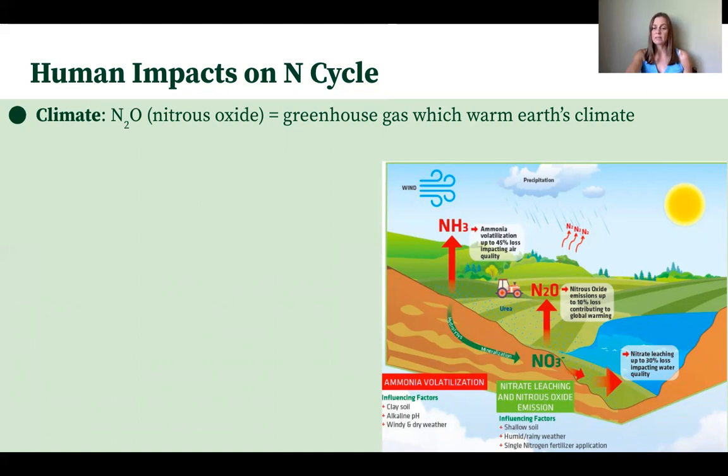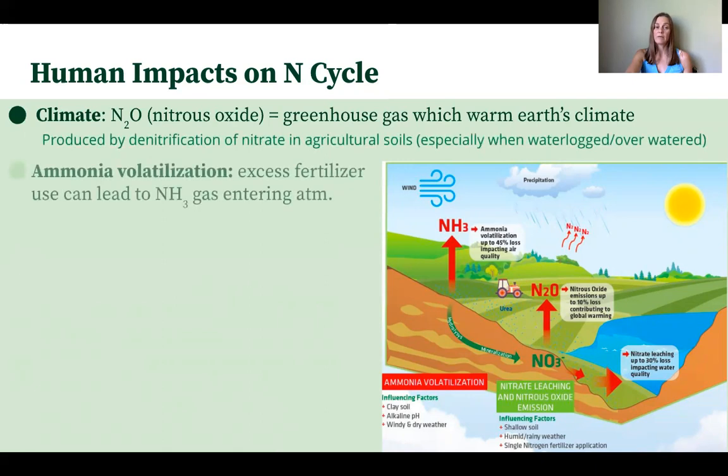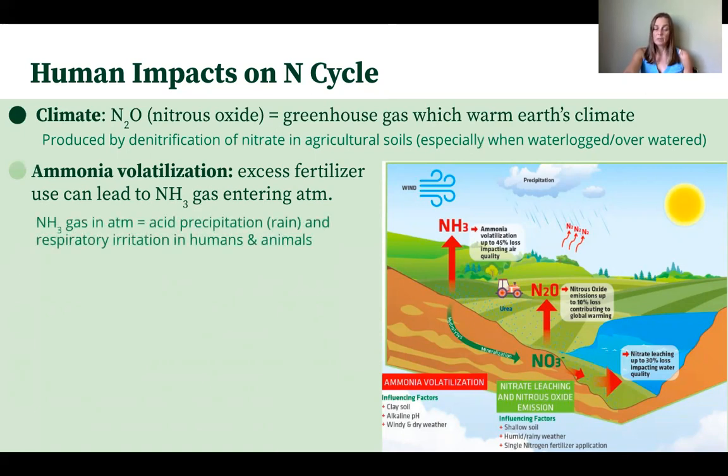So in the process of over-fertilization, often, and over waterlogging of soil from industrial farming techniques, we tend to increase nitrous oxide emissions. Again, with over-fertilization, we have excess fertilizer, which can lead to ammonia gas entering the atmosphere, which causes respiratory irritation in humans and animals, but again, also makes it not available to the plants.